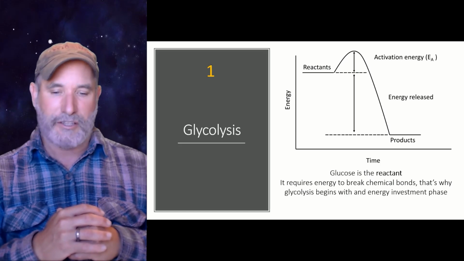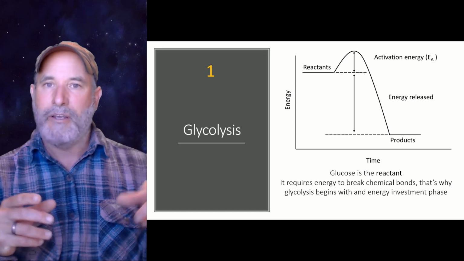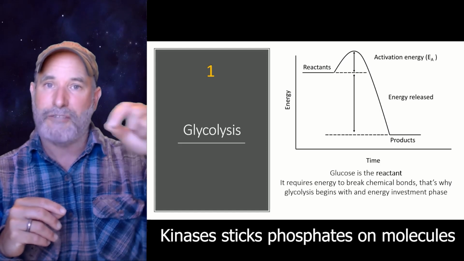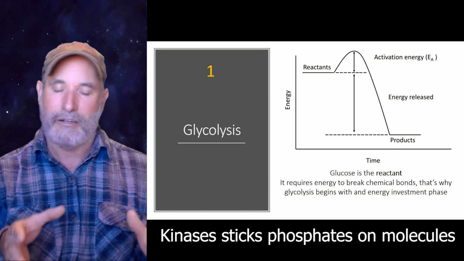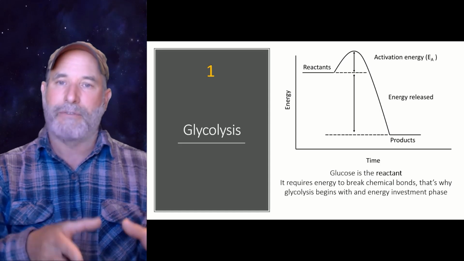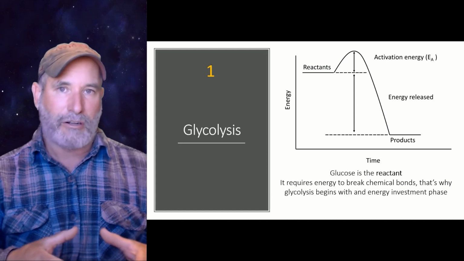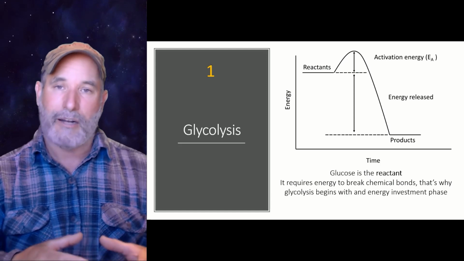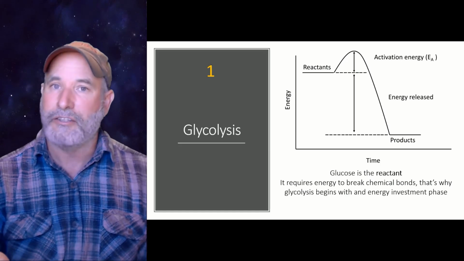So in glycolysis, we use a couple of ATPs, and the ATPs use a kinase to transfer a phosphate to the glucose molecules, and you phosphorylate it. You create an active intermediate, right? And by adding phosphate to our glucose molecule, we add a lot of potential energy. And by adding potential energy to it, the bonds are easier to break.